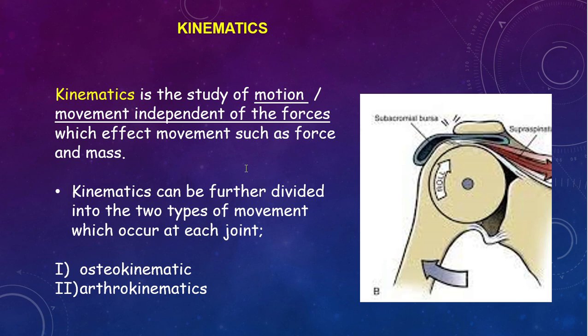If it moves forward, it is flexion. If it moves sideways, away from the body, it's abduction. If it moves close to the body, it's adduction. If it rotates away from the body, that's external rotation. If it rotates towards the body, that's internal rotation. All these movements are osteokinematics. When you take out your goniometer to measure movement, you are measuring osteokinematics.